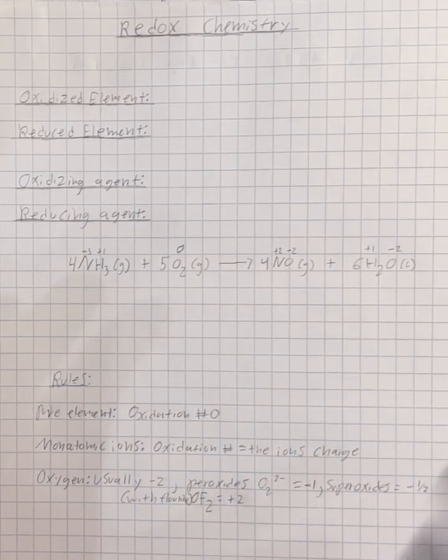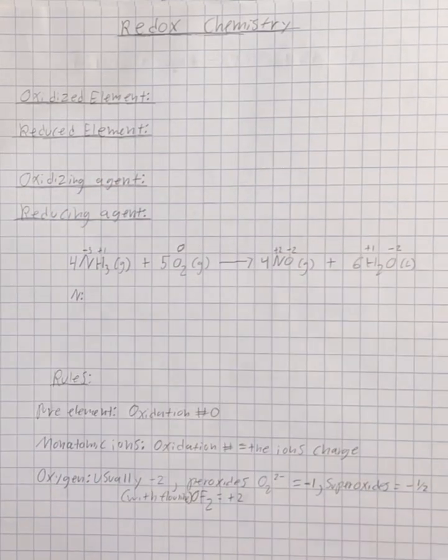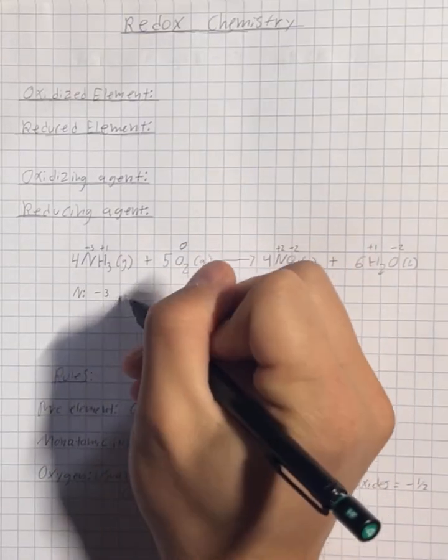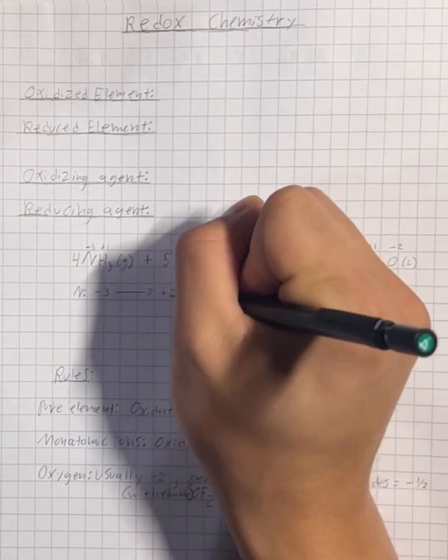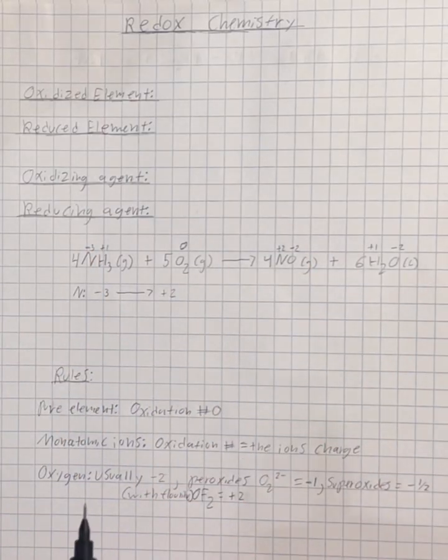So first, let's start with our nitrogen. I like to write this down nice and neatly. So nitrogen starts as a -3 oxidation state, goes to a +2 oxidation state. Before we get into that, let's cover the next one.